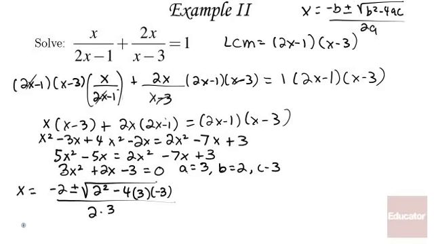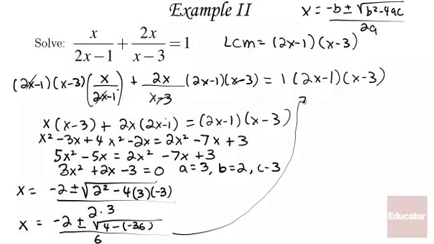Okay, this gives me x equals negative 2 plus or minus the square root of 4 minus 4 times 3 is 12 times negative 3 is negative 36. 2 times 3 is 6. Okay, let's continue on right up here. So I'll rewrite this. x equals negative 2 plus or minus.